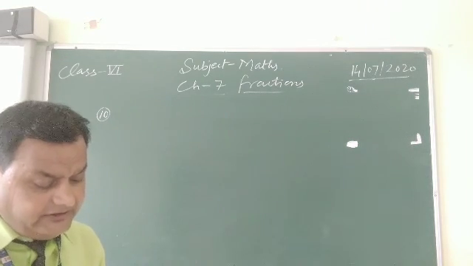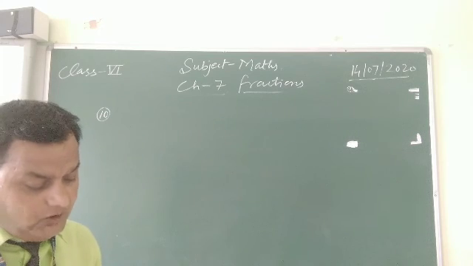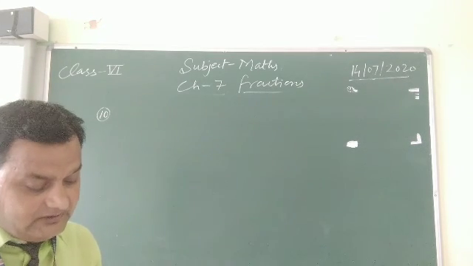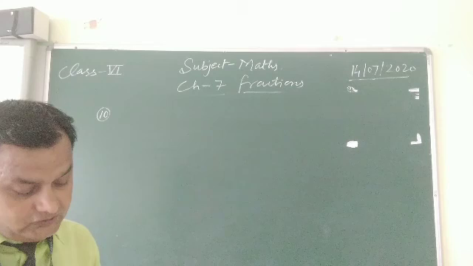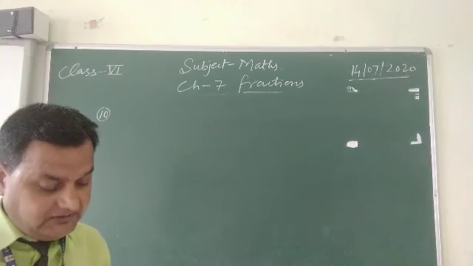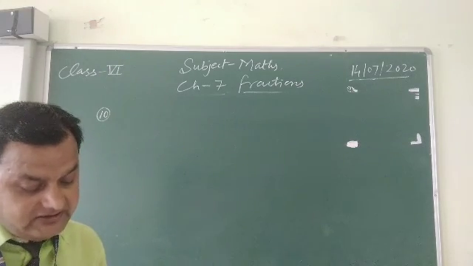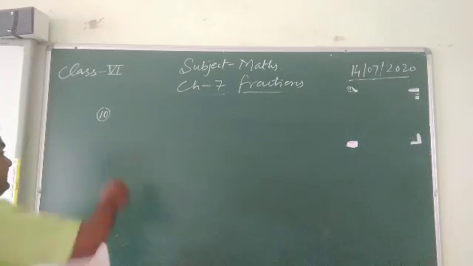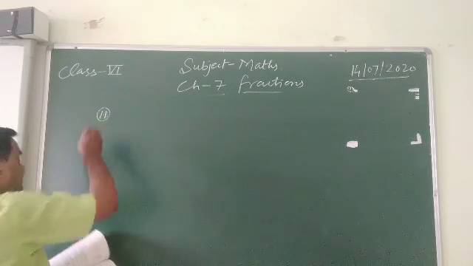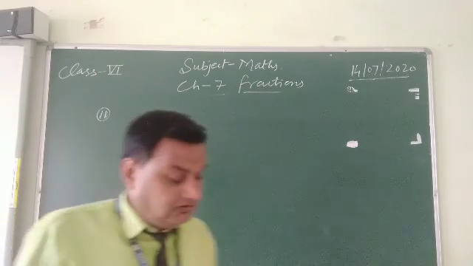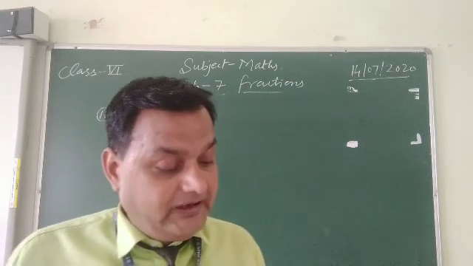Christian received a CD player for her birthday. She bought 3 CDs and received 5 others as gift. What fraction of her total CDs did she buy and what fraction did she receive as gift? Now question number 11 is: Christian received a CD player for her birthday.